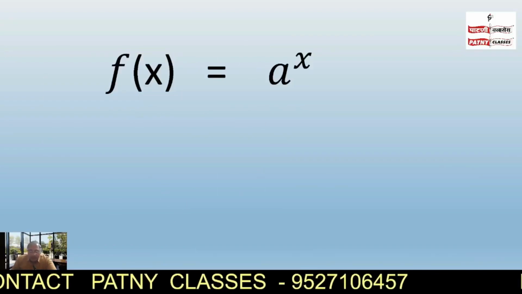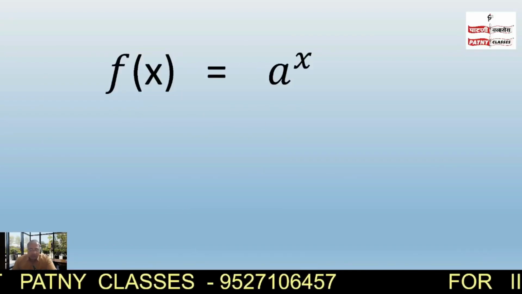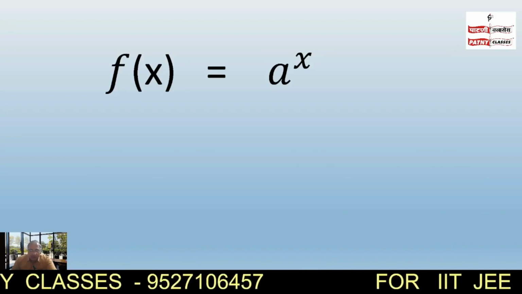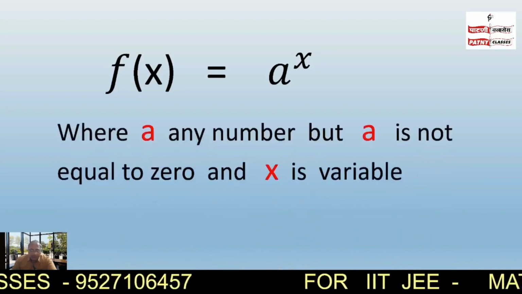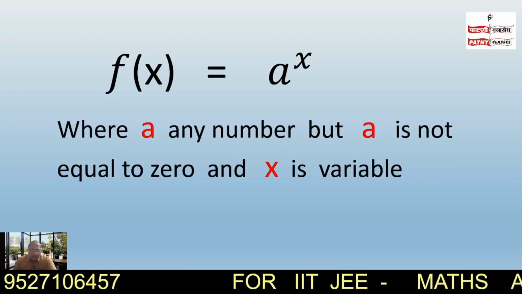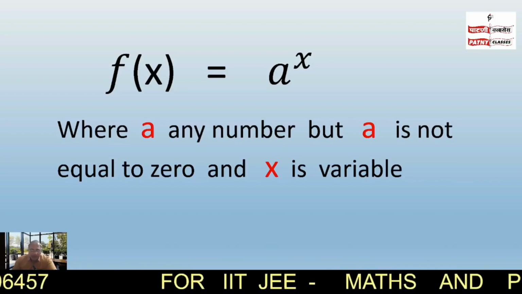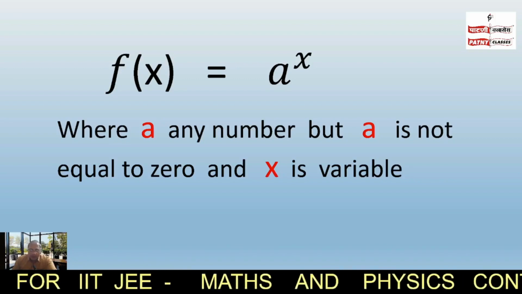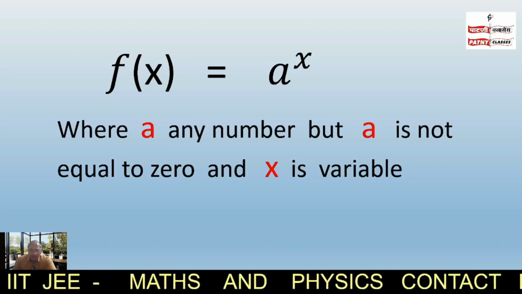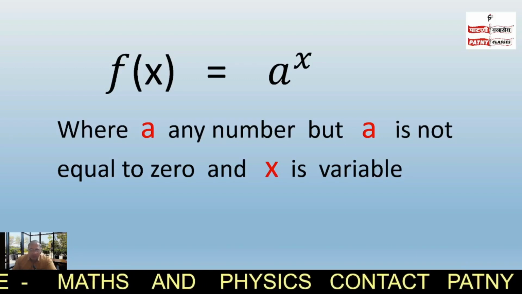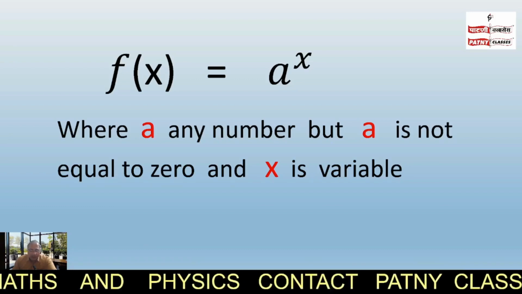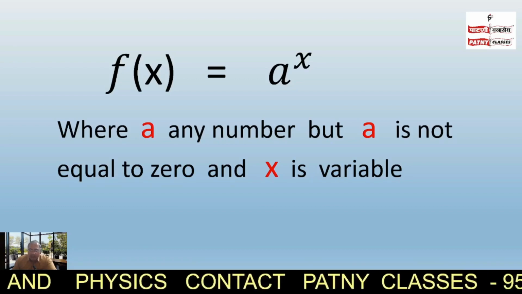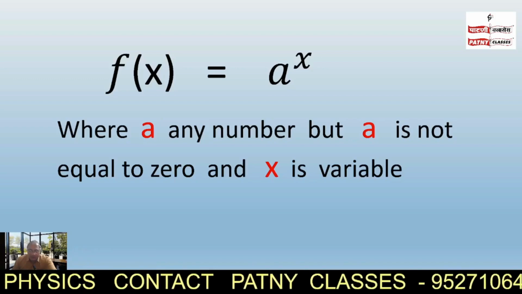F of x equals a raised to x is an example of an exponential function where a is any number, but the condition is that a should not be equal to 0 and x is a variable. So f of x equals a raised to x is an exponential function.